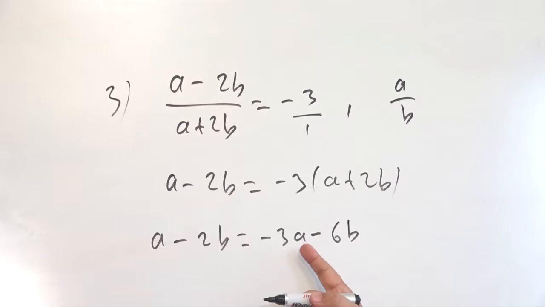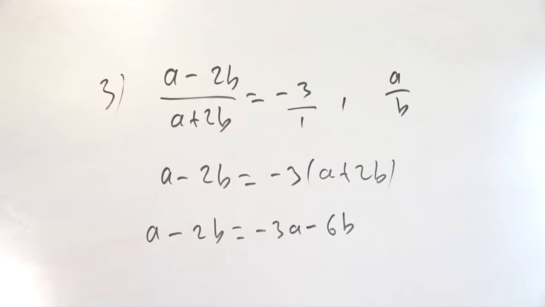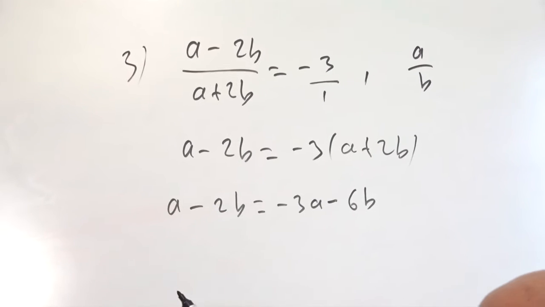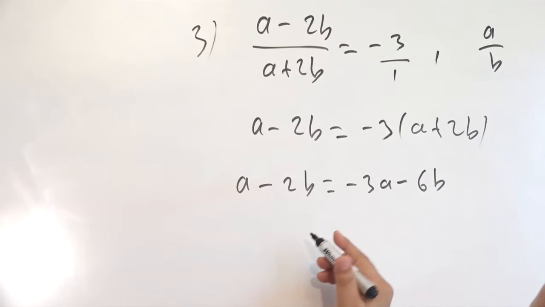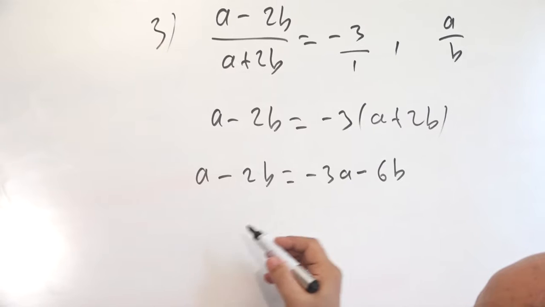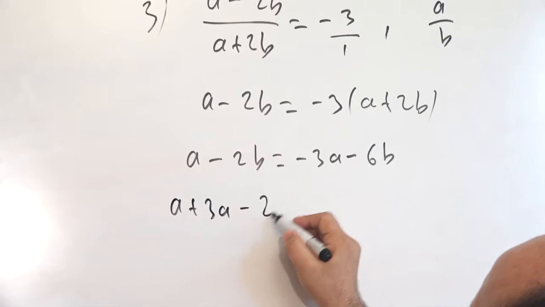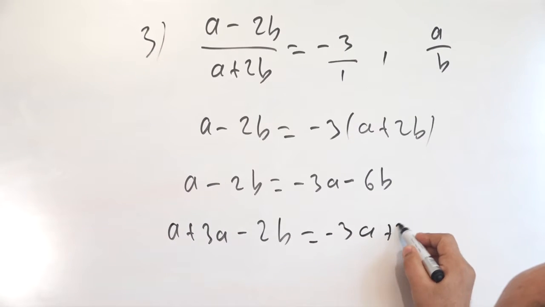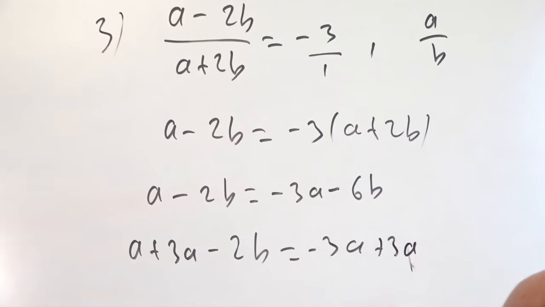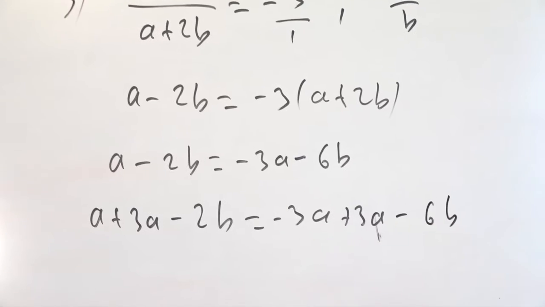So when I take negative 3A to the other side, or adding to each side 3A, I'll get A plus 3A minus 2B is equal to negative 3A plus 3A, negative 6B.